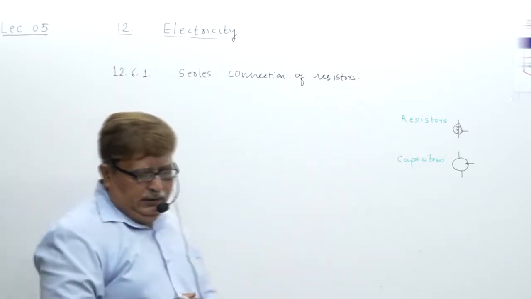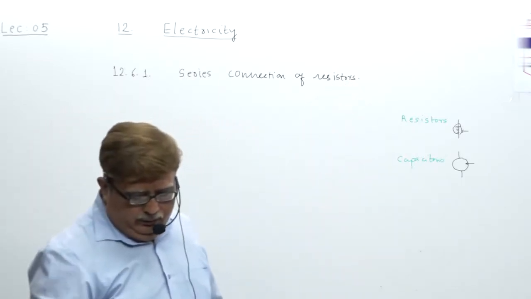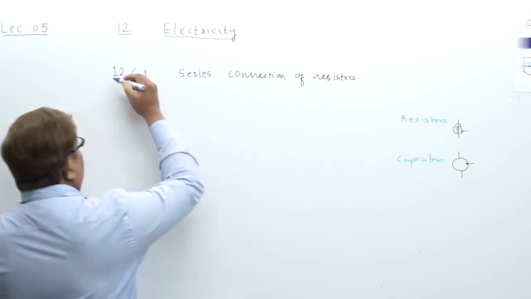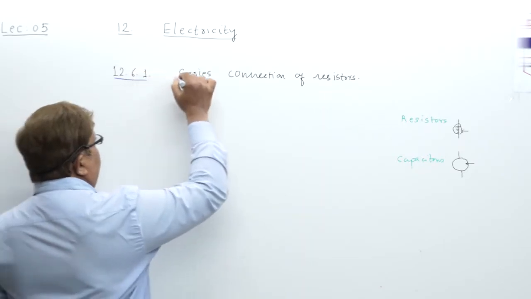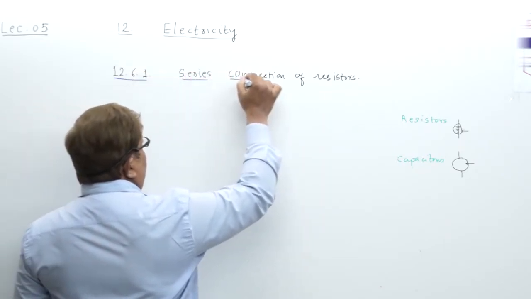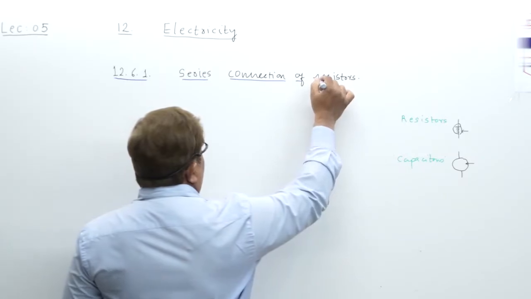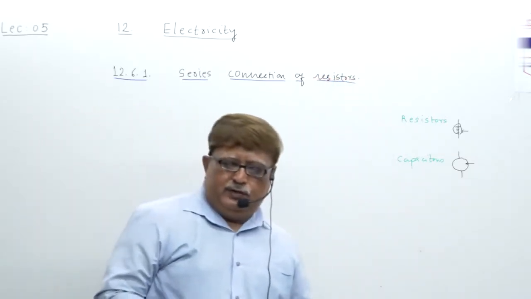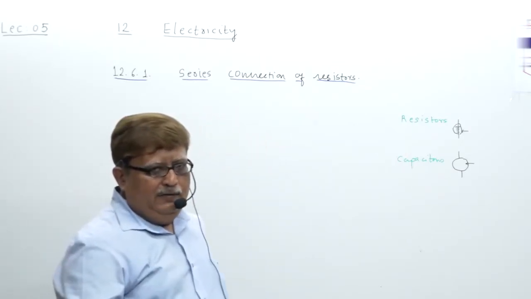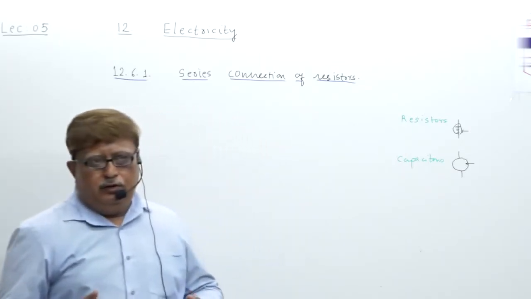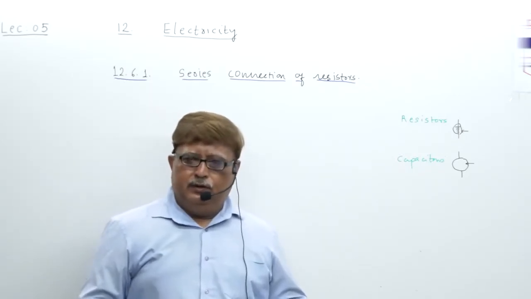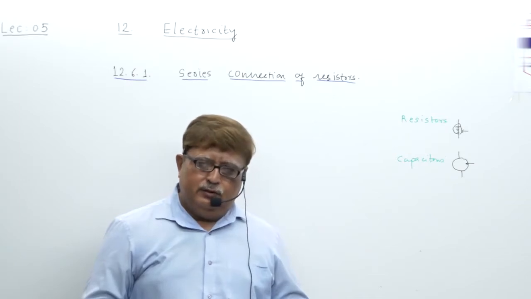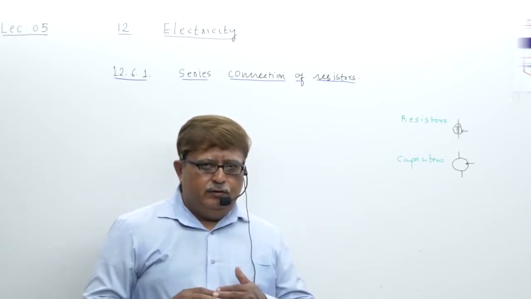Series connection of resistors, today's topic. Resistors means we will start our discussion with 2 resistors, 3, 4, 5, whatever. But let us take 3 resistors at least, and let us try to understand.